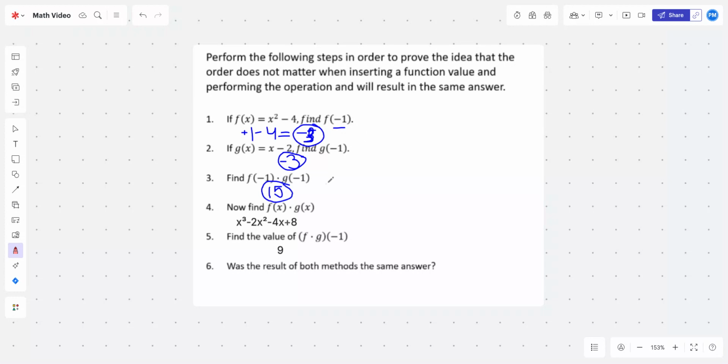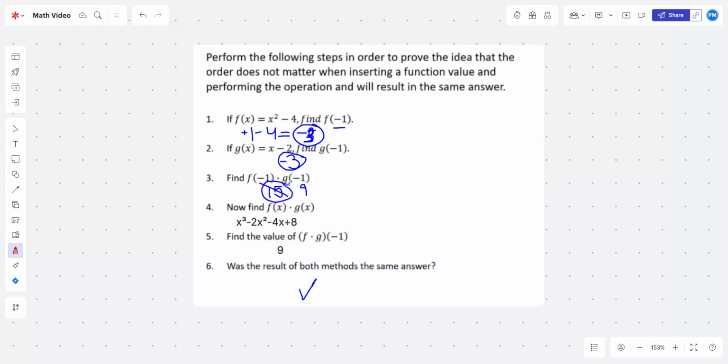So the correct answer is positive 9. For both methods, we do get the same answer, and you always should. Method 1 is implementing the x values into the functions and then multiplying them together.